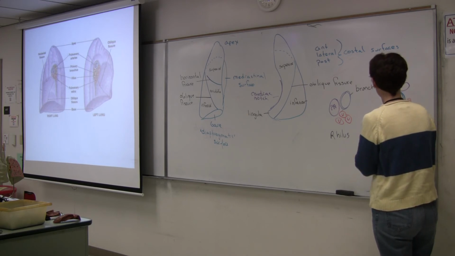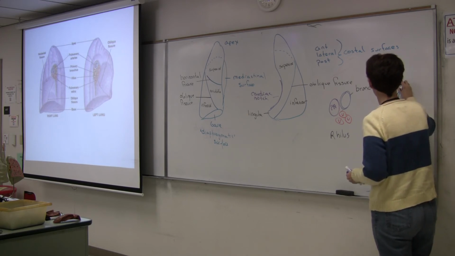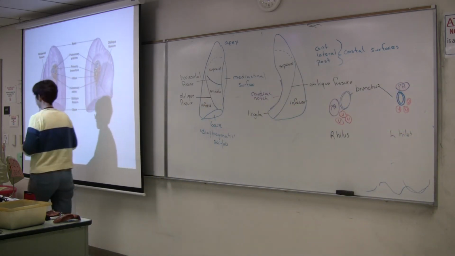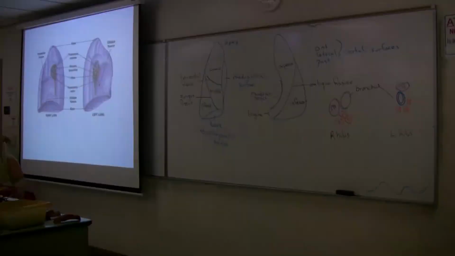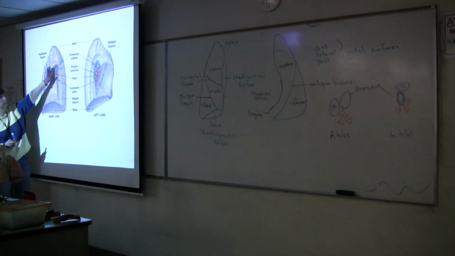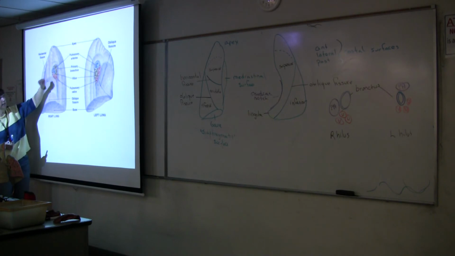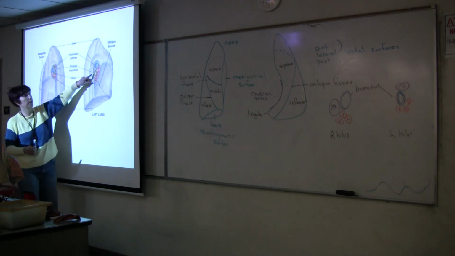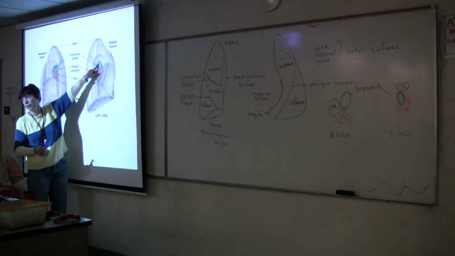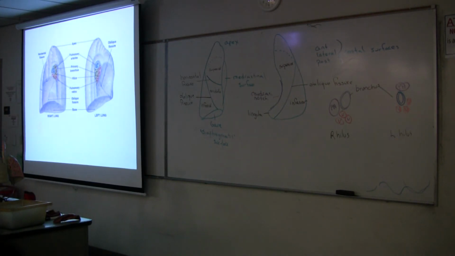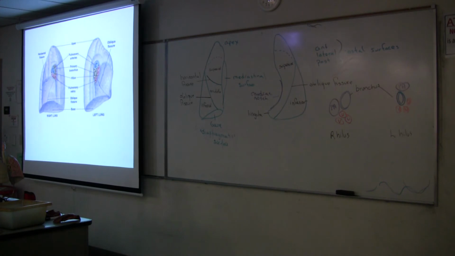So the key difference here is the relationship between the pulmonary artery and the bronchus. So let me just turn the lights down for a sec. So here's the bronchus, more posterior, and the pulmonary artery in front. All right. Here the bronchus is inferior to the pulmonary artery. So even if you don't see any lobes of the lung, you can define it by that component.